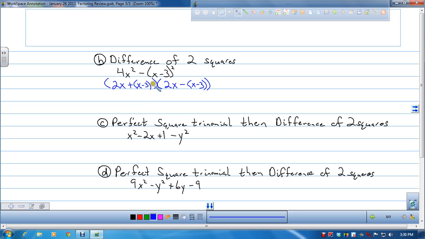Okay, so what I can do now is combine some like terms. 2x and x would be 3x minus 3. And 2x minus x would simply be an x. And minus a negative 3. Here's where a lot of people mess up.